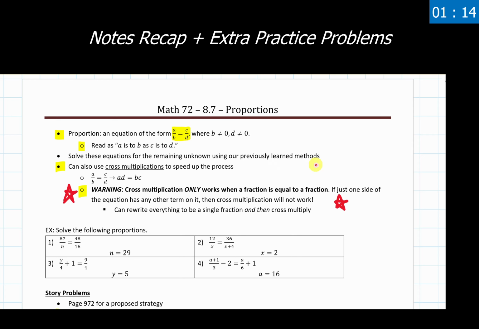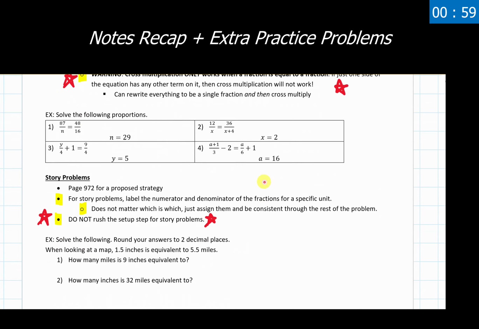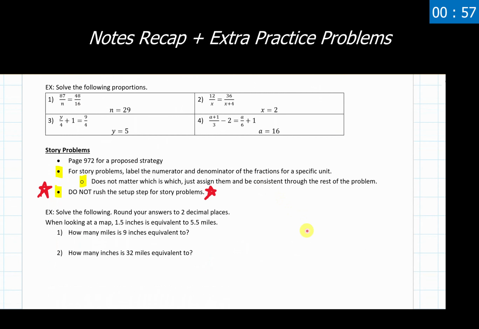Sometimes we will use those exclusively. Sometimes we'll be able to do a little bit of manipulating to now use cross multiplication. It depends on the problem. So be open to using previous methods as well as cross multiplication to get to our answers. We had some story problems that we went through as well. We went through two different organizational strategies that we can use to set these things up for ourselves.